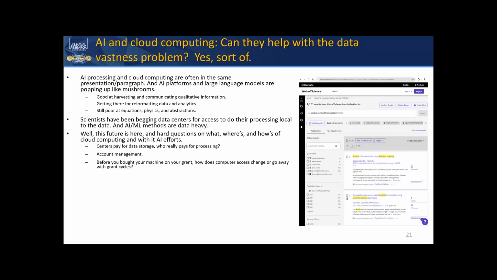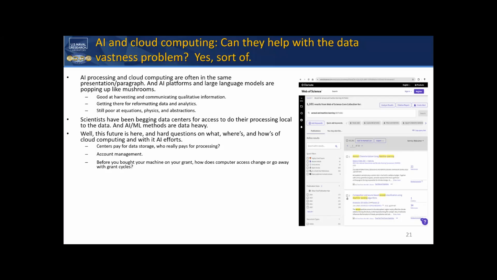Where AI has problems is on equations, physics, and abstractions. So if you say, give me the algebraic approximation for da da da da da, more likely than not, it's going to give you a wrong answer. In the 30 years I've been in this business, we've always been begging for access to computational resources where data is housed.